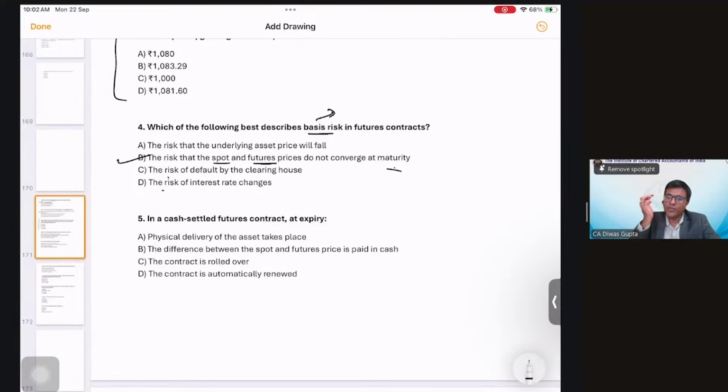Yes, very good. All of you are responding. Correct. So the right answer is the difference between the spot and the future prices paid in cash, because these are cash settled futures contracts expiring. Okay, students, that was it from my end for today's session. We will continue our discussion in the next session.